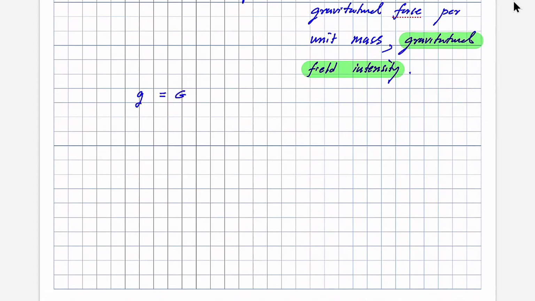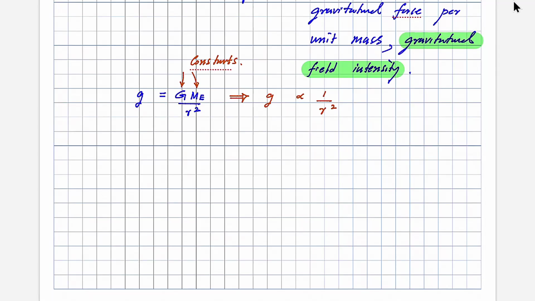This G is GM_E divided by r squared. Now you will understand these two are constants. So from here, you will understand this G is proportional to 1 divided by r squared.